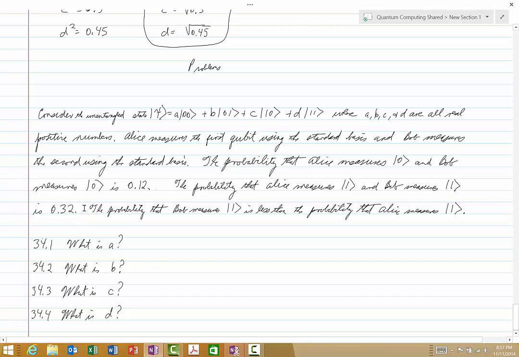And finally, you're given this last bit of information, which may seem a little mysterious. It says the probability that Bob measures 1 is less than the probability that Alice measures 1.